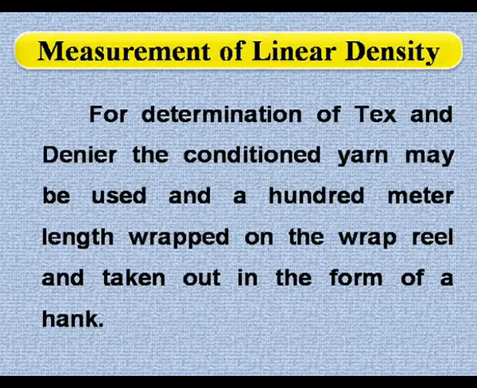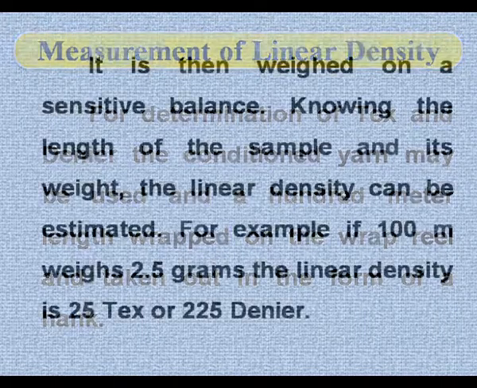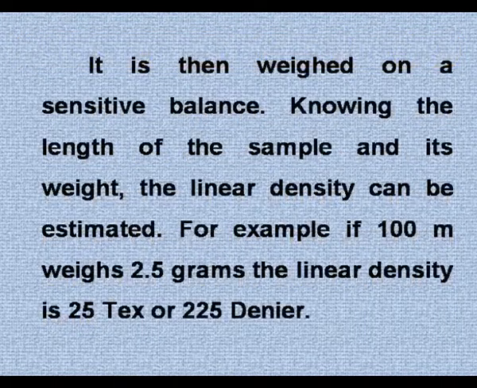Measurement of linear density. For determination of tex or denier, the conditioned yarn may be used and 100-meter length wrapped on the wrap reel and taken out in the form of a hank. It is then weighed on a sensitive balance.